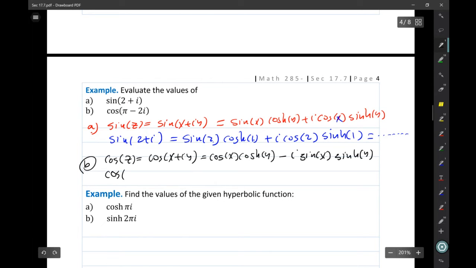Therefore, cosine of pi minus 2i is cosine pi cos minus 2 minus i sin pi sin minus 2.